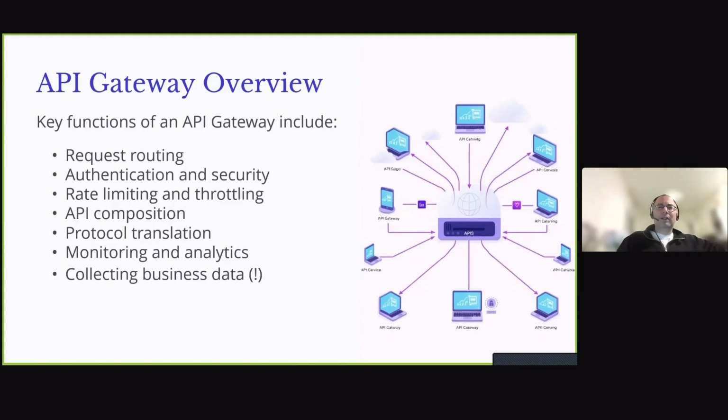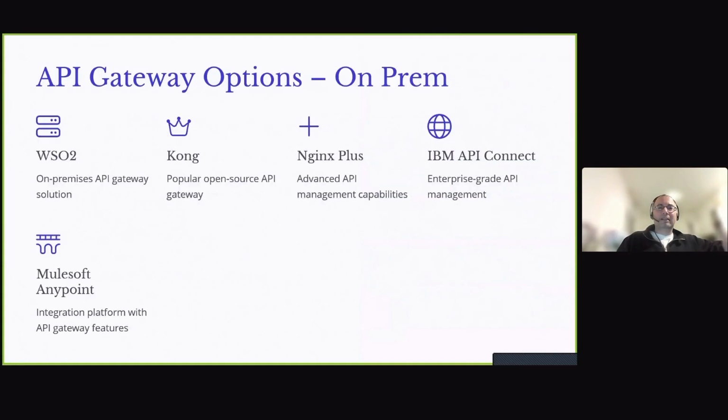So we have a few things that an API gateway can give us. And there are a lot of products you can use. These products can be run on-premise, or can be run as a service. I'm not talking about the cloud provider, I'll reach that in a second. But as you can see, besides all the cloud providers, there are some other companies that can give you such products.